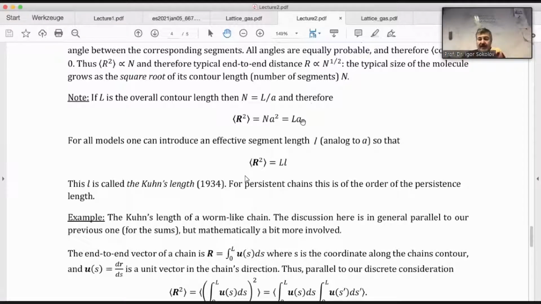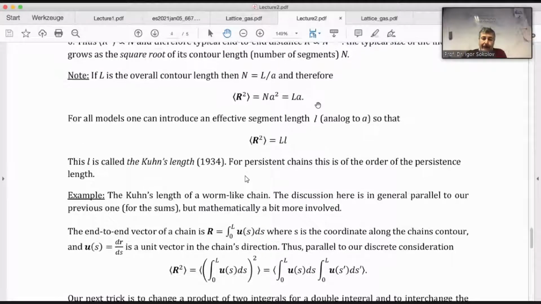And then R squared is LA. So R, the root mean square, is a geometric mean of the contour length and the length of a segment. So R is the square root of LA.